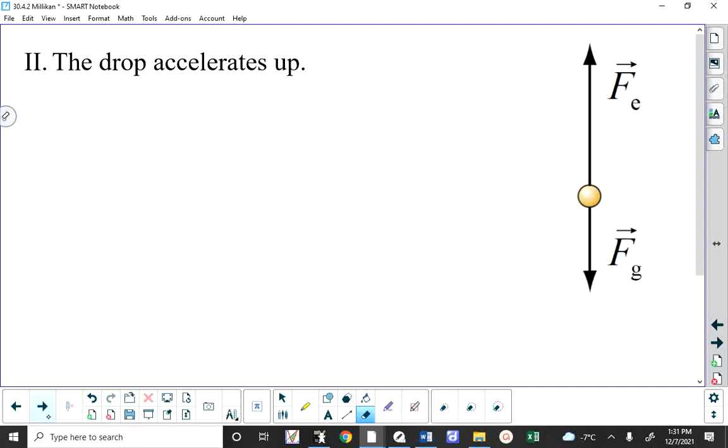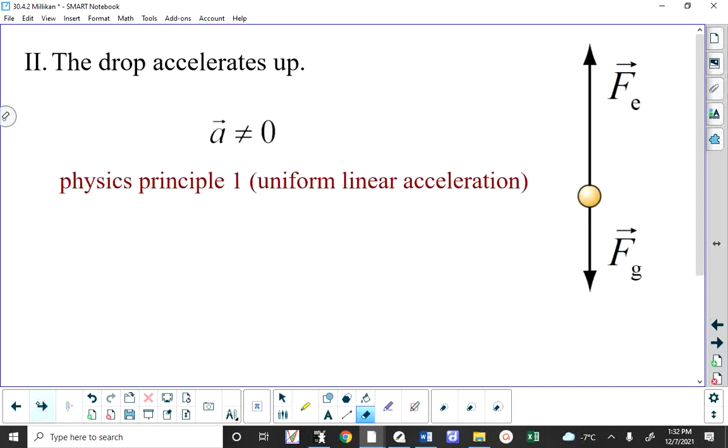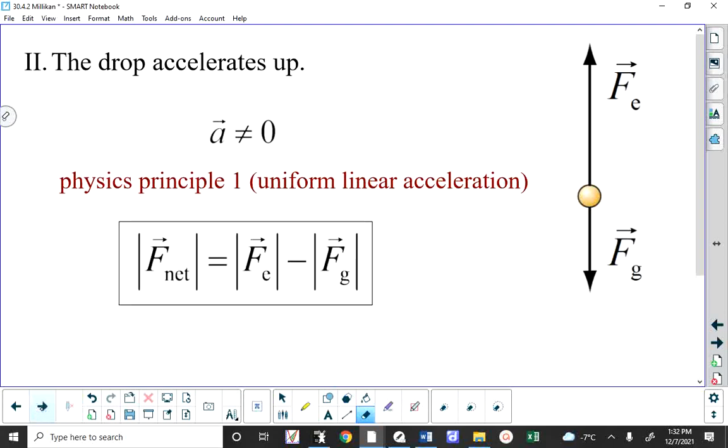If I said to you, how do you find the net force, you'd say, well, I take the bigger force minus the smaller force. So this is not uniform motion. This is actually linear acceleration, because the net force is not 0. The net force would be equal to Fe minus Fg.